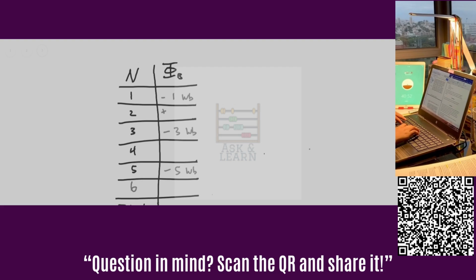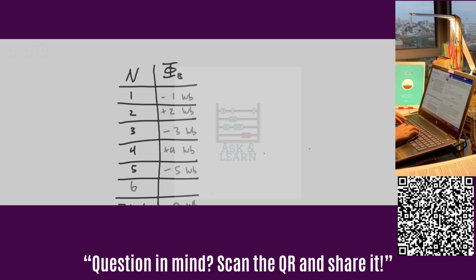And then we're going to have plus 2 and plus 4. And we know that the total is supposed to come out to 0. So now we just have to add up the first 5 faces and see what the initial total is before we add the flux of the 6th face.